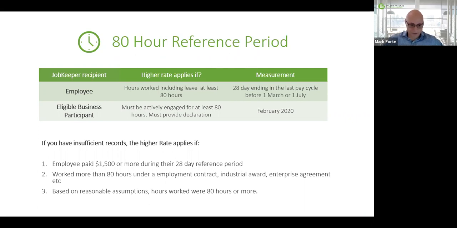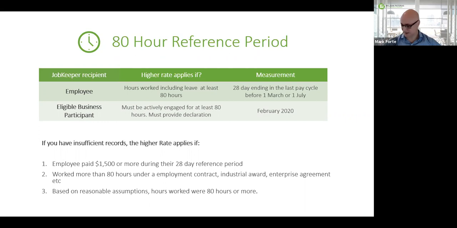Number two, if you've worked more than 80 hours and you've got an employment contract in place under an industrial award or enterprise agreement, and one of those legal documents says that you're a full-time employee, or your hours are more than 80 hours per month, then you'll be able to achieve the higher rate. And the other one, which is very subjective, is based on reasonable assumptions that the hours worked were 80 hours or more.